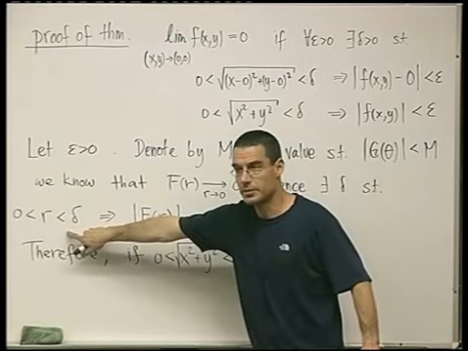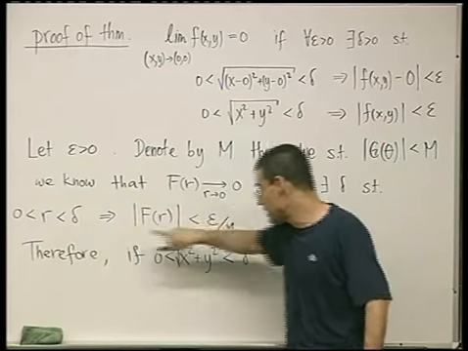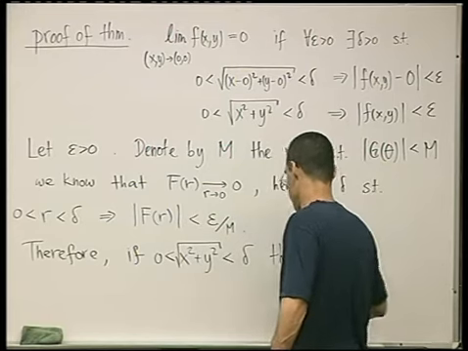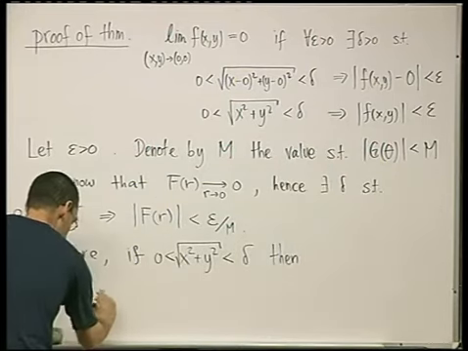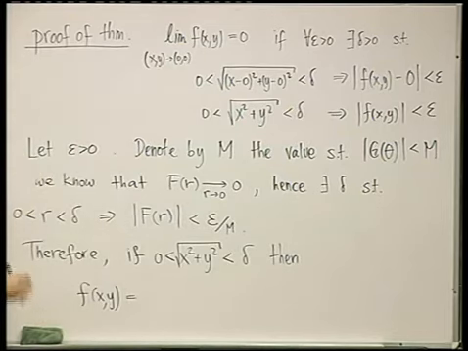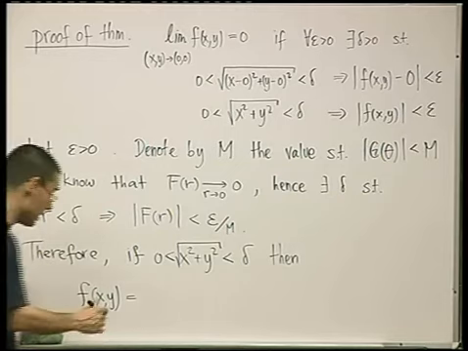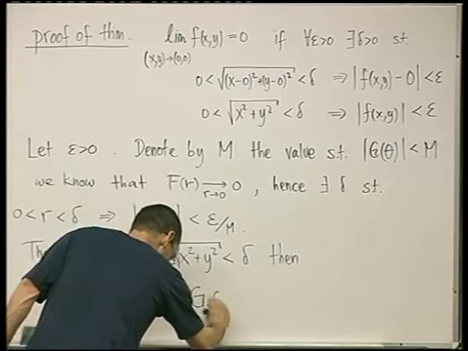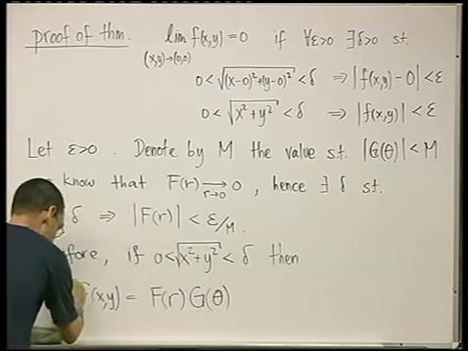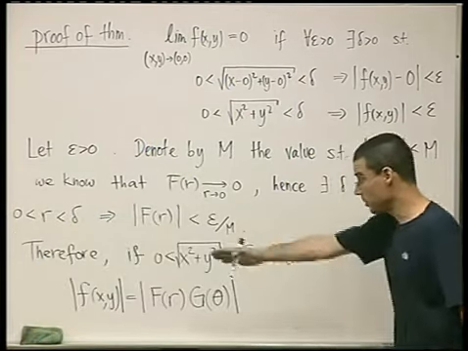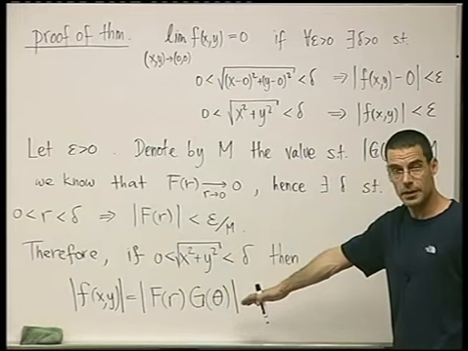That means this happens, right? And since this happens, then f(x,y), which we know is the same as f(r cosine theta, r sine theta), breaks up into f(r) g(theta). This is the assumption of the theorem. And let's write this in absolute value, equals this in absolute value. That's what the theorem states, right? That's the assumption.